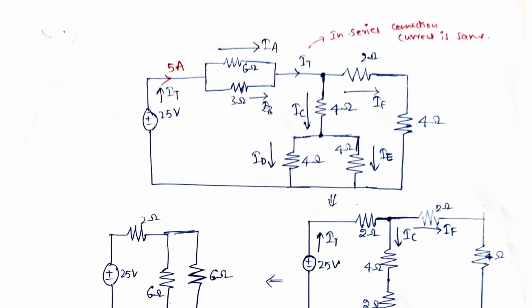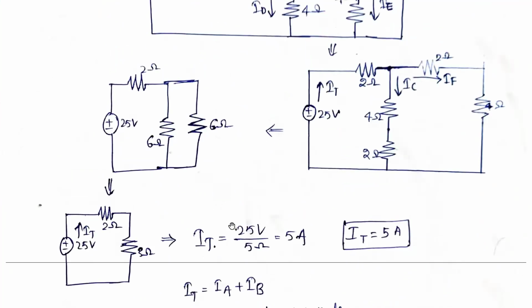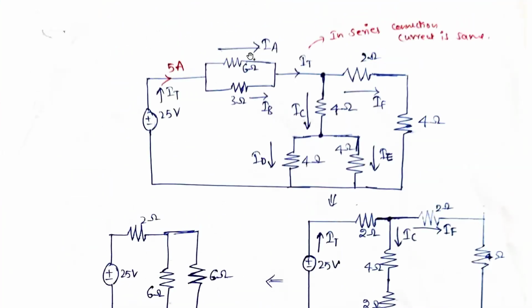Similarly, if you want to find out IB, first we will solve IA. IA is nothing but the opposite resistance. For this IA the opposite resistance is 3 ohms. So 3 divided by 3 plus 6, into this IT, that is 5 amperes, that we calculated.